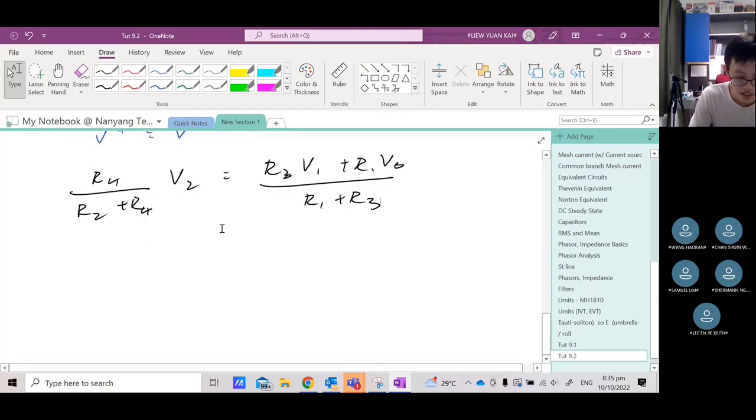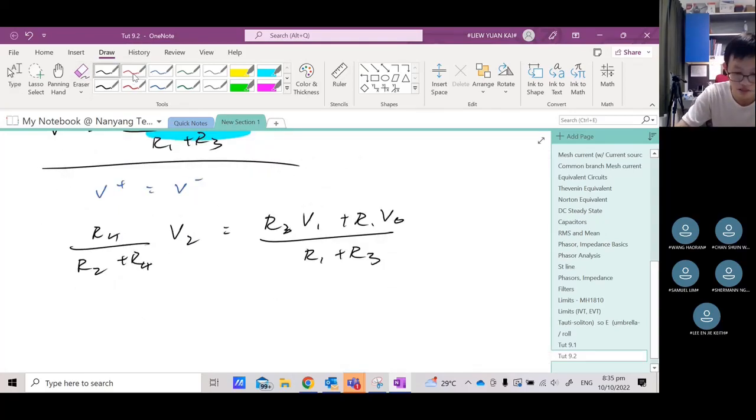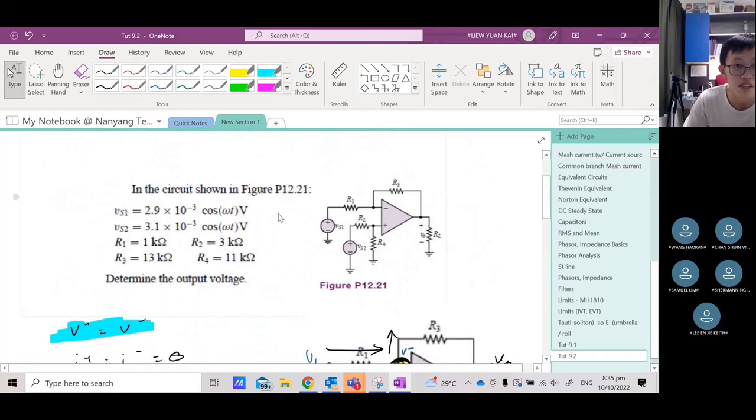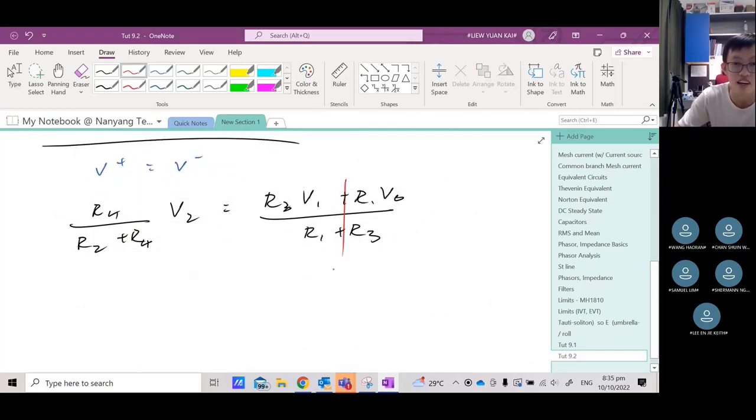Okay, so next step I did was... sorry, I'm seeing if there's any way to make this simpler. Okay, I have no choices. So we want to make V out the subject, because we need to determine the output voltage. So let me just split this fraction in half.